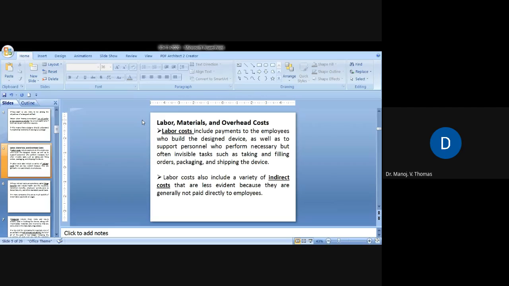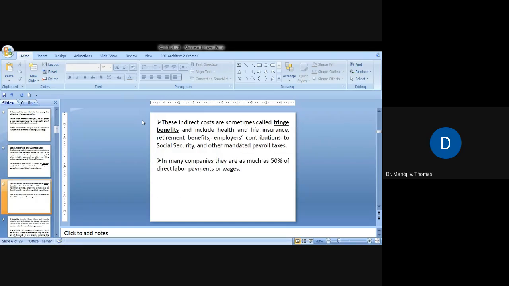Labor cost also includes a variety of indirect costs that are less evident because they are generally not paid directly to employees. What are these indirect costs? They are sometimes called fringe benefits, meaning secondary benefits, that include health and life insurance, retirement benefits, employers' contributions to social security, and other mandated payroll taxes.